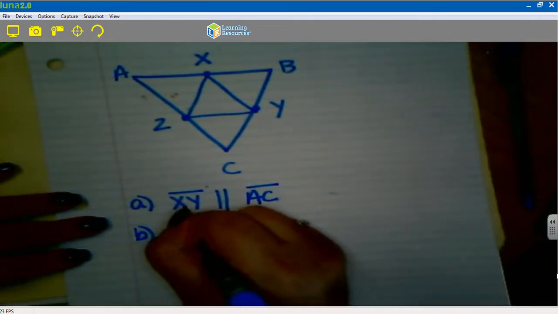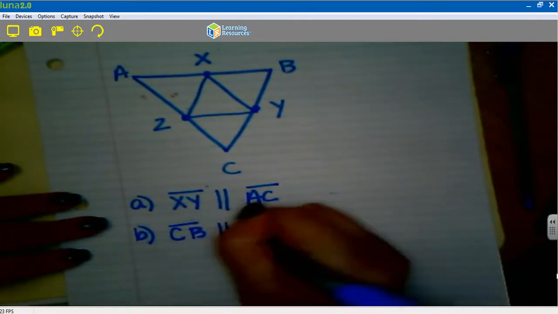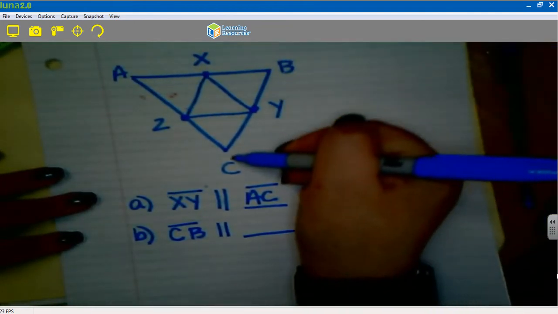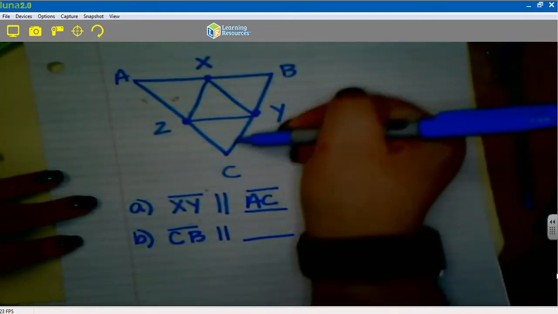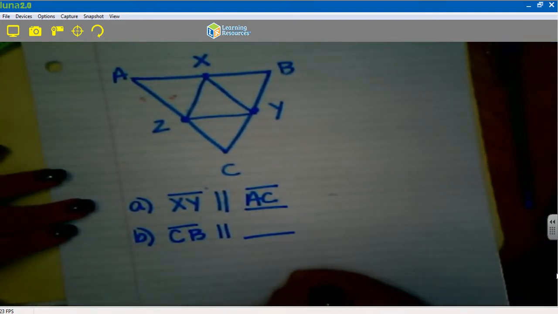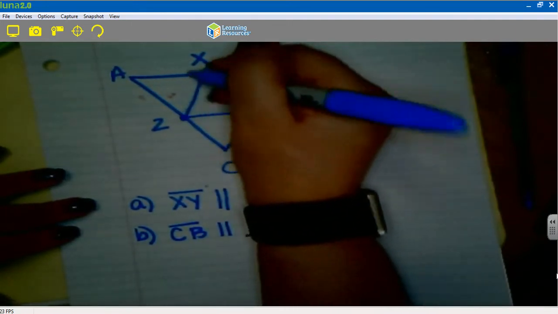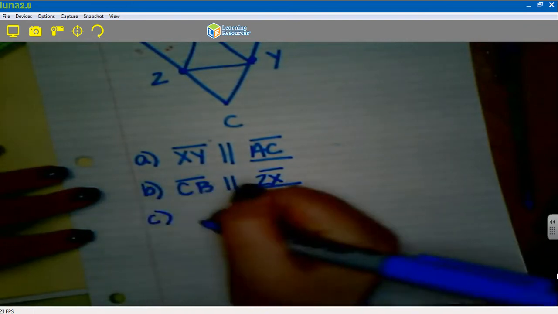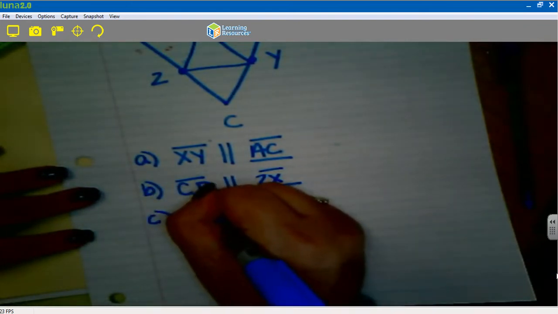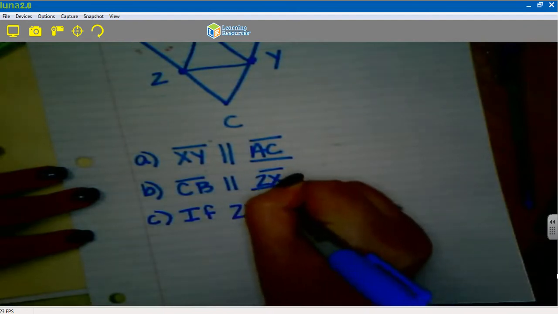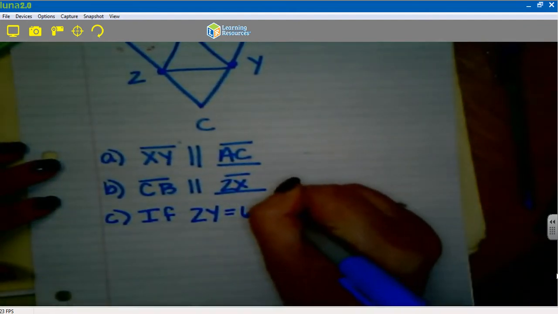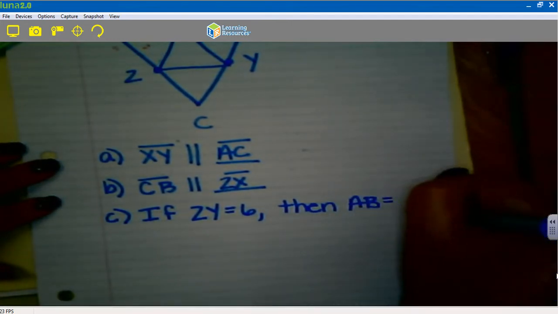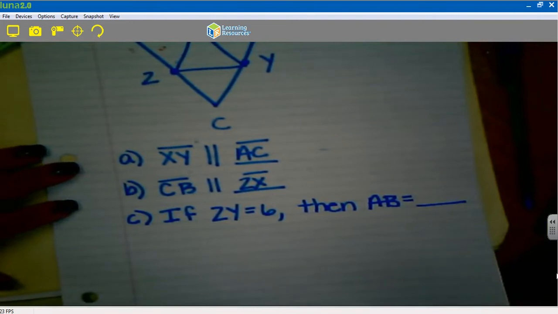Part B. Segment CB, so CB is the side of the outside triangle, is parallel to what mid-segment? It's going to be ZX. Part C. If ZY is equal to 6, then AB is equal to what?